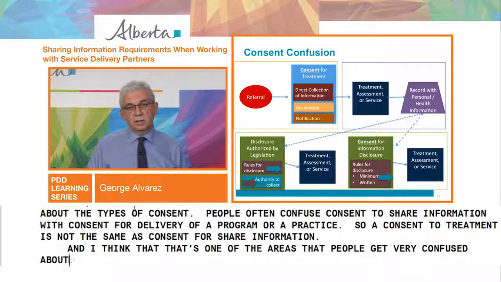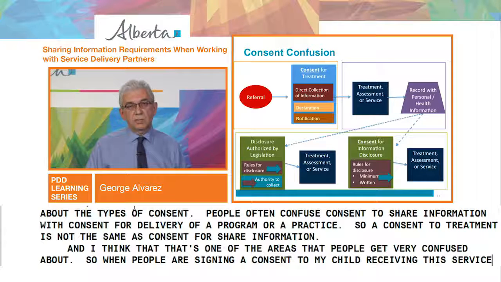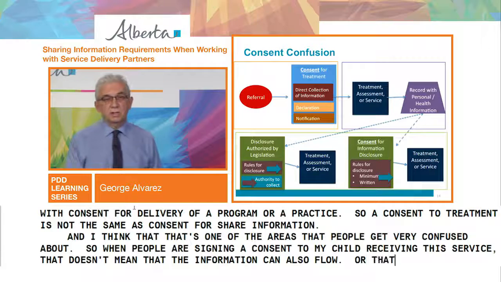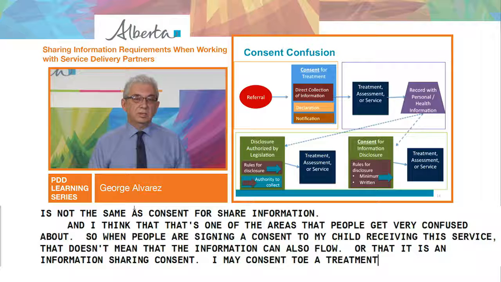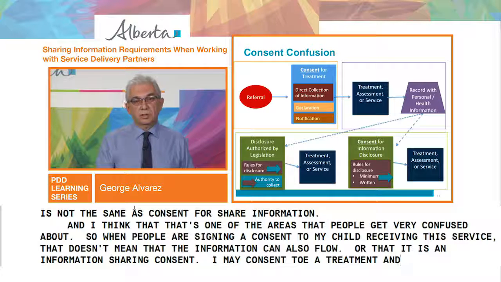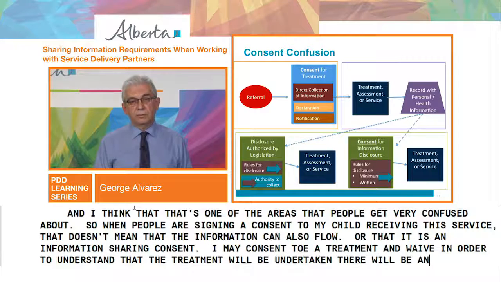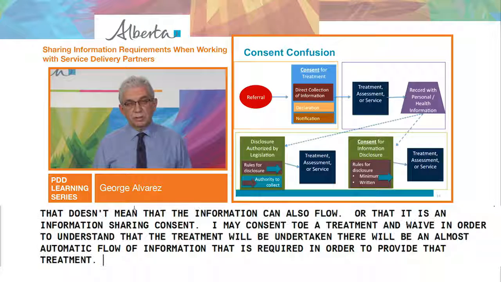So when people are signing a consent to my child receiving this service, that doesn't mean that the information can also flow, or that it is an information sharing consent. I may consent to a treatment and need to understand that in order for that treatment to be undertaken, there will be an almost automatic flow of information that is required in order to provide that treatment or to provide that service.